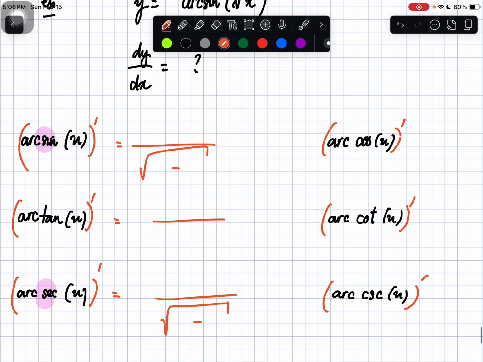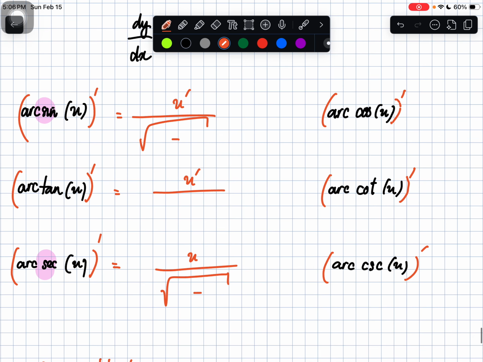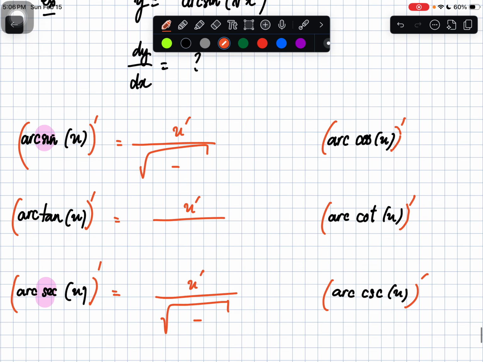Now, because this is the chain rule, u prime goes everywhere. And now this would be 1 minus u squared.